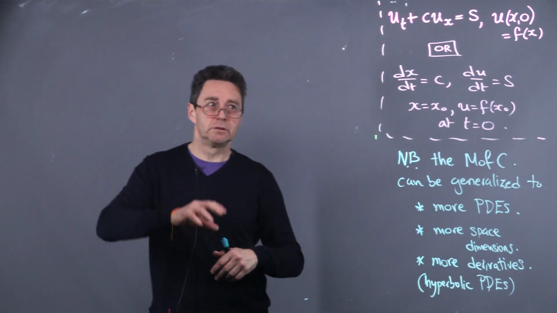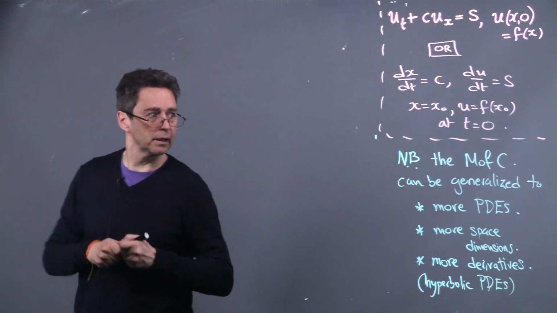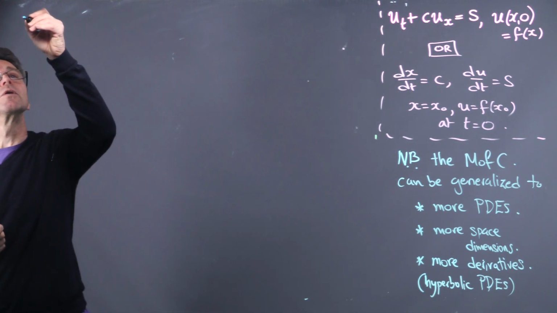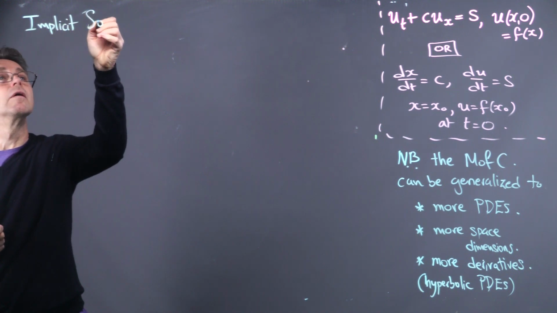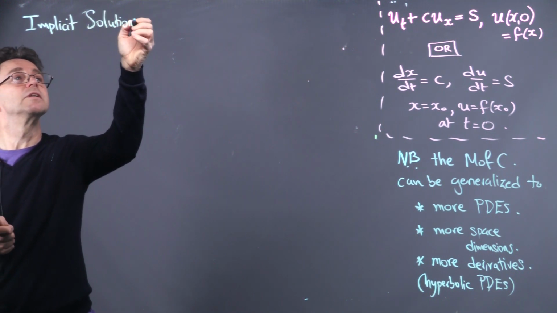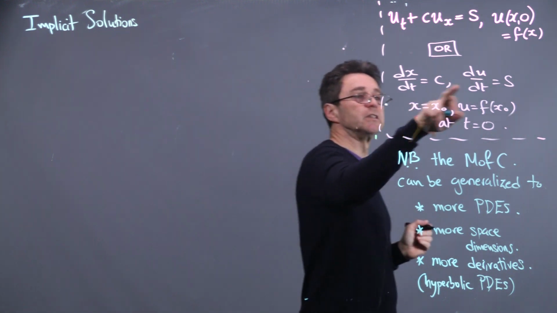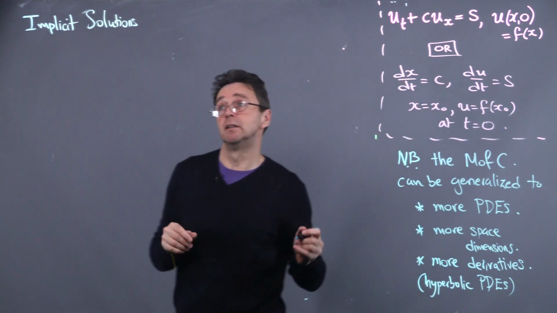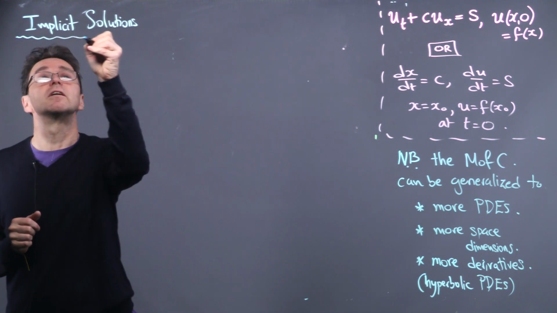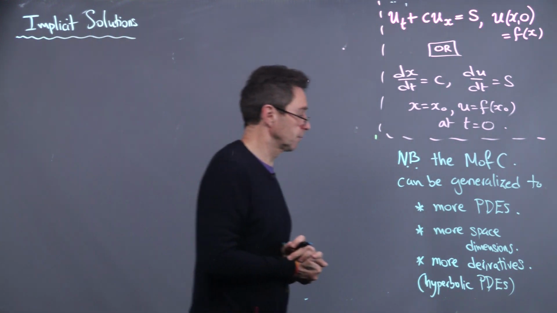All right, so going back to what I was saying, we're going to talk about one issue that comes up when you are solving this set of equations and c and s depend upon u. And the issue is that you often can't get an explicit solution.